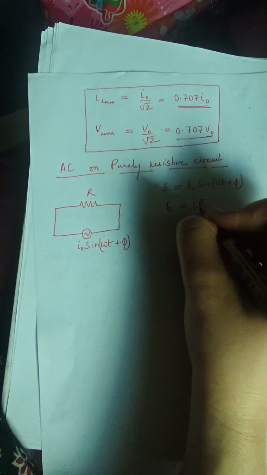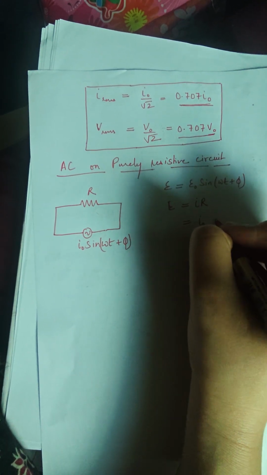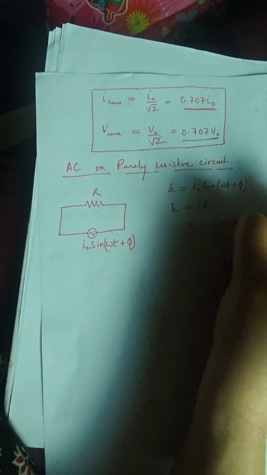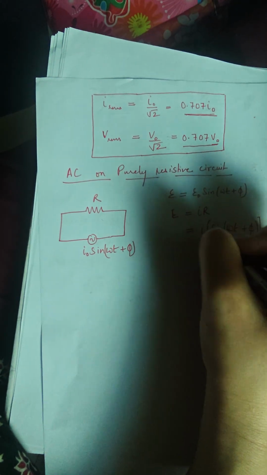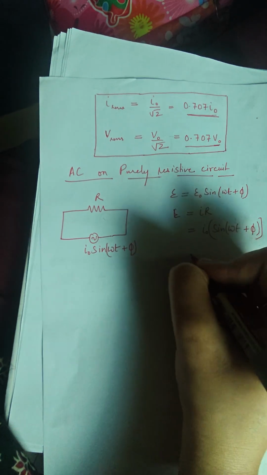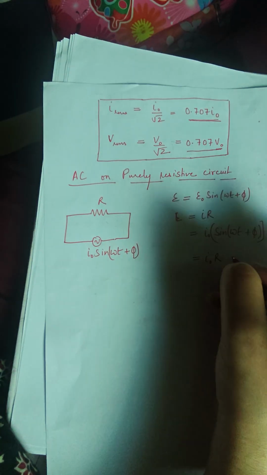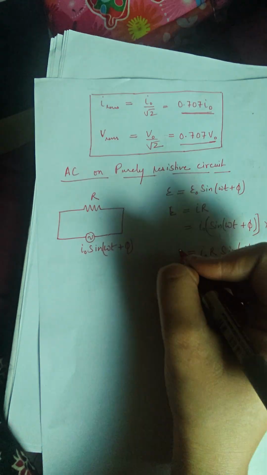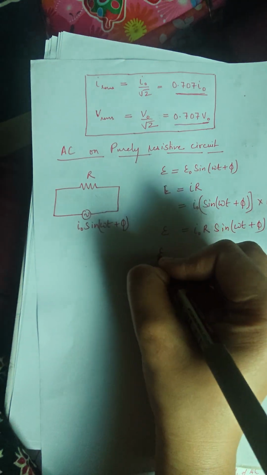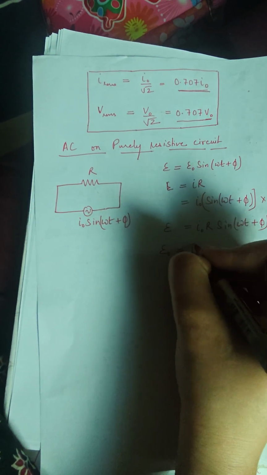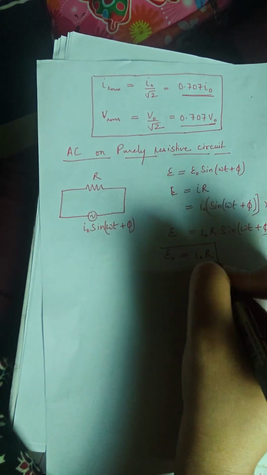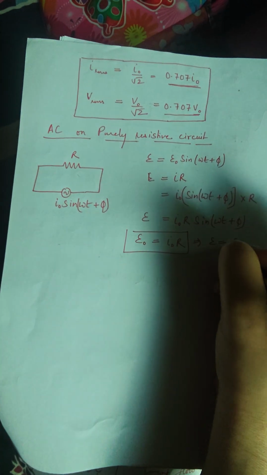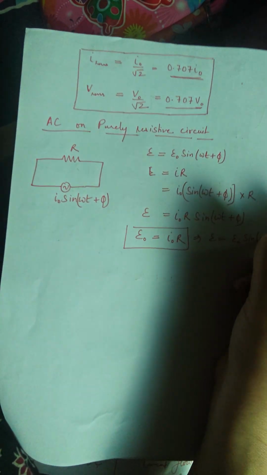Yes, so if that's the case, I would be I naught sine omega t plus phi into R. That is I naught R sine omega t plus phi. That is my E. So E naught is basically equal to I naught R. Yes, and this further gives me the same expression, E is equal to E naught sine omega t plus phi.